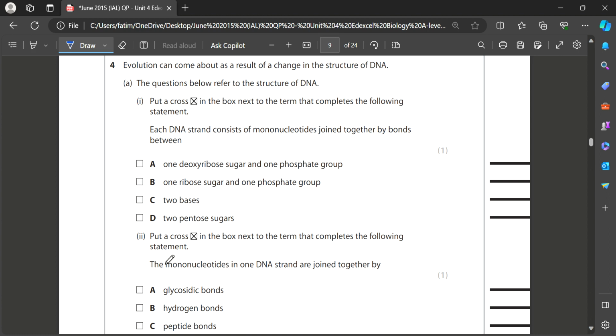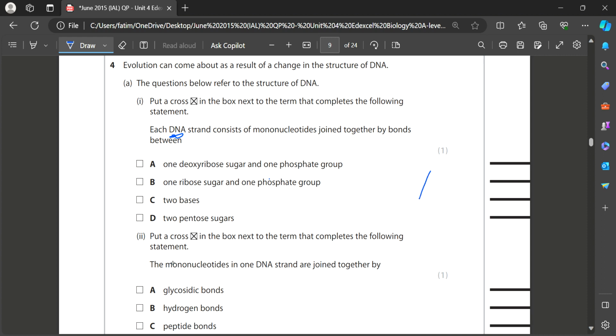Okay, so first of all, we know that it's a deoxyribose sugar. And the other three, B, C, D, don't have it because it's DNA. DNA stands for deoxyribose nucleic acid. And so the one which has deoxyribose is definitely true, and it also has a phosphate group because it's a nucleotide.